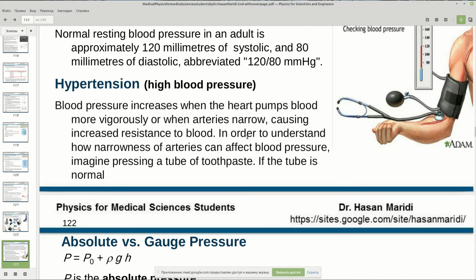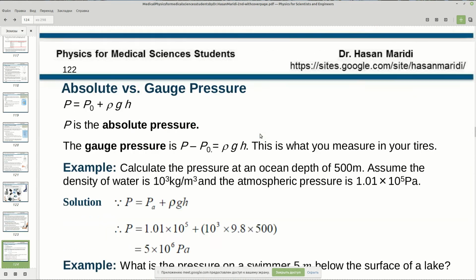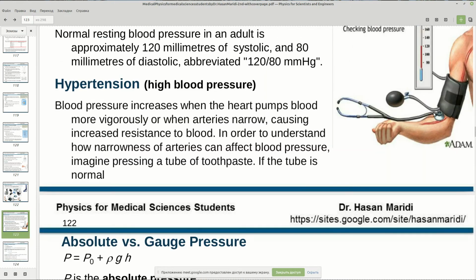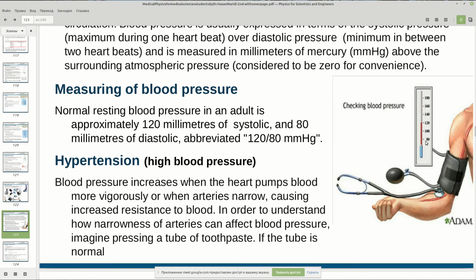In order to understand how narrowness of an artery can affect blood pressure, we need to imagine pressing a tube. If the tube is normal, you will see the result of this different type of blood flow inside the vessel: turbulence and laminar.